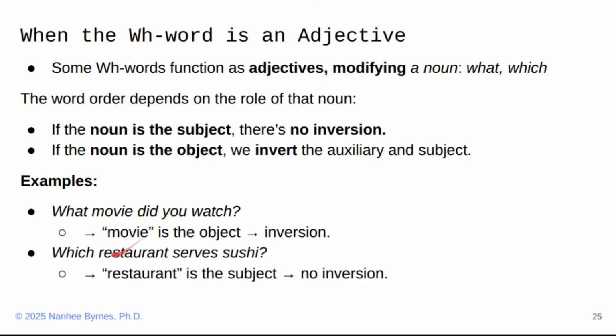But in which restaurant serves sushi, the noun restaurant is the subject, so the word order stays normal, and there's no inversion. So before deciding on the structure, always ask yourself what role that WH word is playing. Is it the subject, the object, or an adverbial? Once you know that, you'll know whether to invert or not.